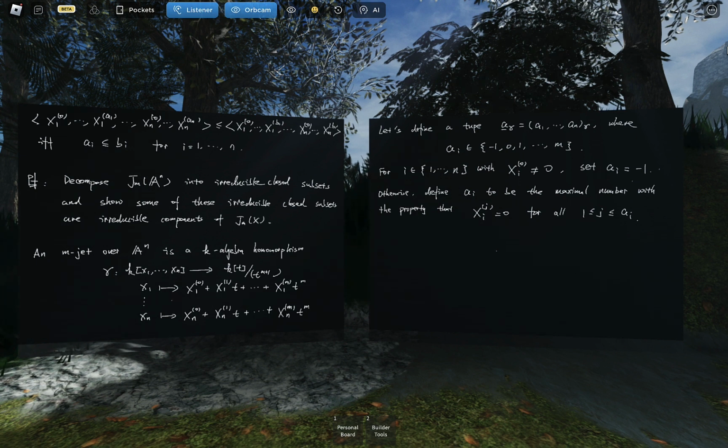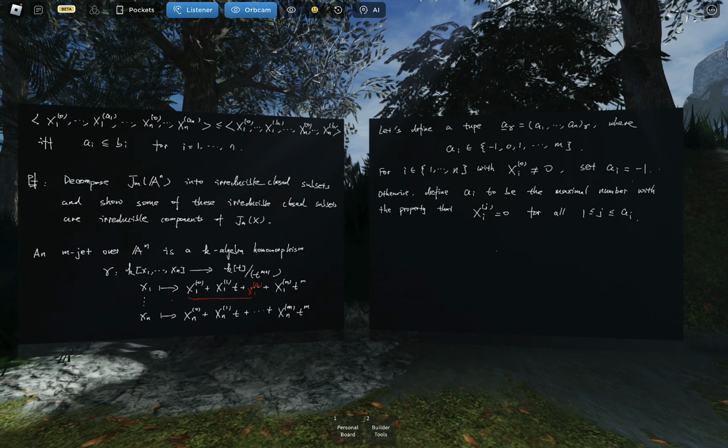Yeah, so this is just saying that we start with one arc over the affine space, which is determined by the image of each xi, right? So for each i, let's find the terms, say here, x1, a1. This a1 will be the number so that all terms before this term are 0.